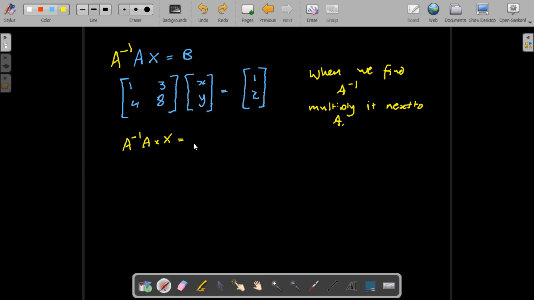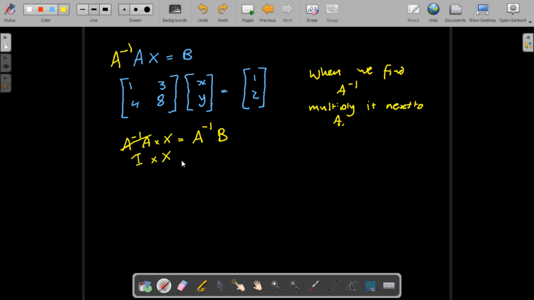When we do that, we need to do the same thing in the same position on the right hand side, because what we do to one side we've got to do to the other. Multiply it on the left, we've got to multiply it on the left. Basically they cancel out and become the identity. It's just like multiplying by 1, doesn't do much.